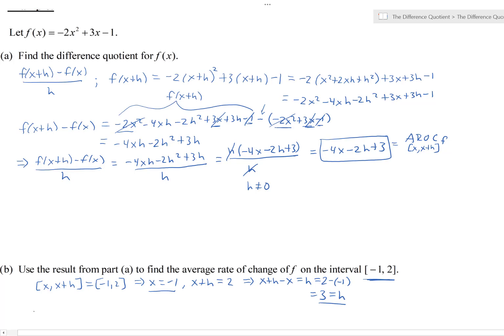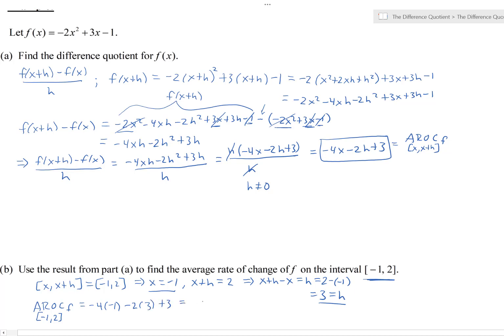We know that the average rate of change for this function f over the interval now, negative 1 to 2, is, plug in x is negative 1 and 3 for h in the formula that's boxed right above. So that's going to be negative 4 times x. X is a negative 1. And then minus a 2 times h. H is 3. And then plus a 3. So what's that?